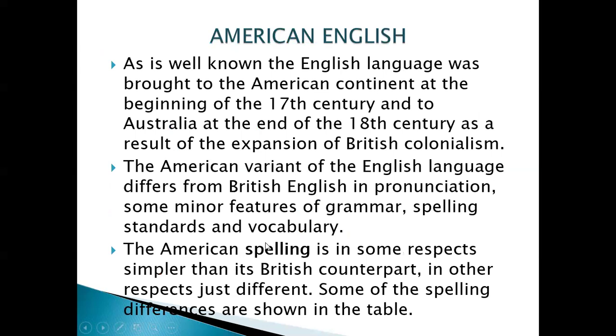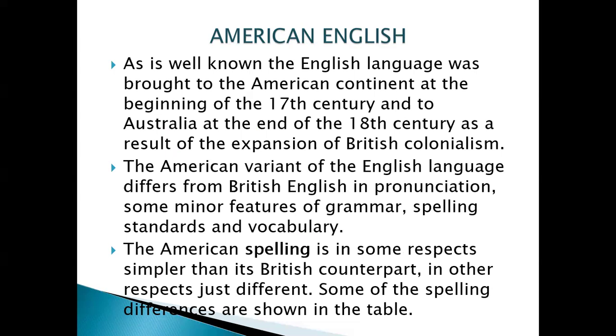American English. As is well known, the English language was brought to the American continent at the beginning of the 17th century and to Australia at the end of the 18th century as a result of the expansion of British colonialism.